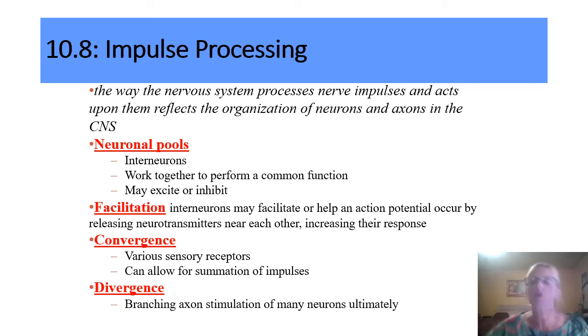So it can tell multiple neurons. One can receive multiple and the other can tell multiple. So one neuron can stimulate two and two can stimulate several others, etc. Facilitation is just when some facilitate or help the action potential occur by releasing certain neurotransmitters near each other, which can increase or amplify that response.